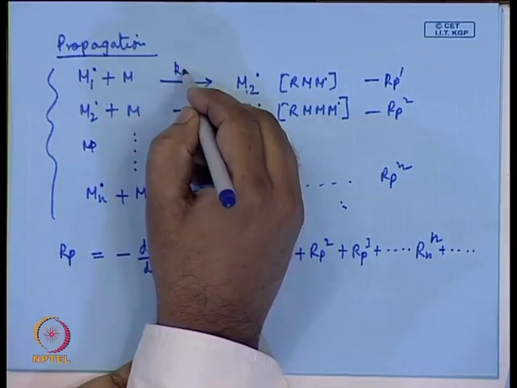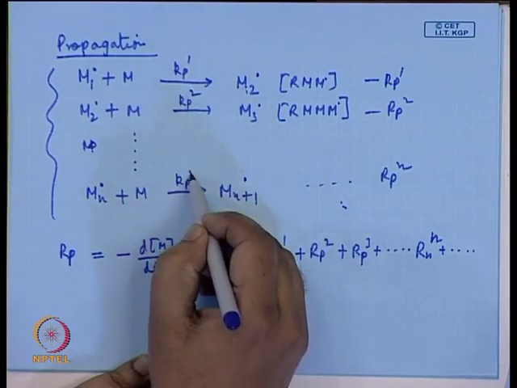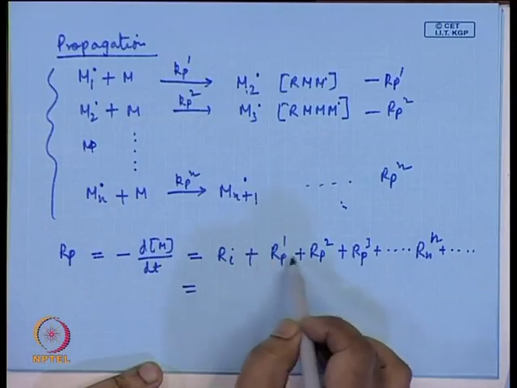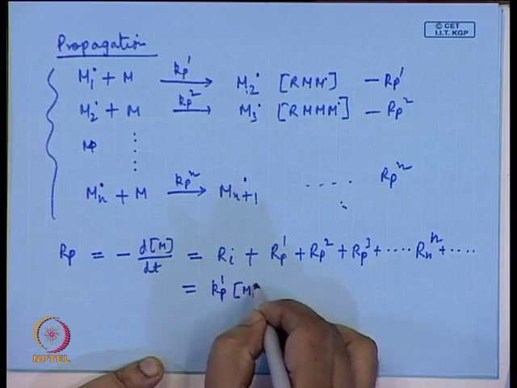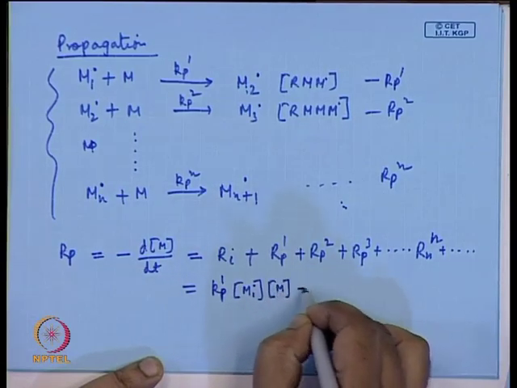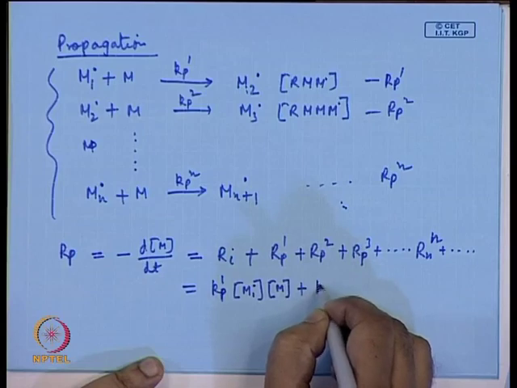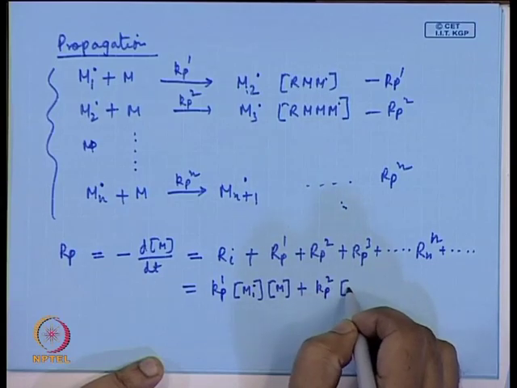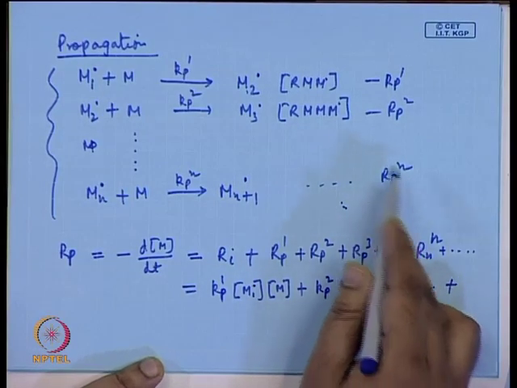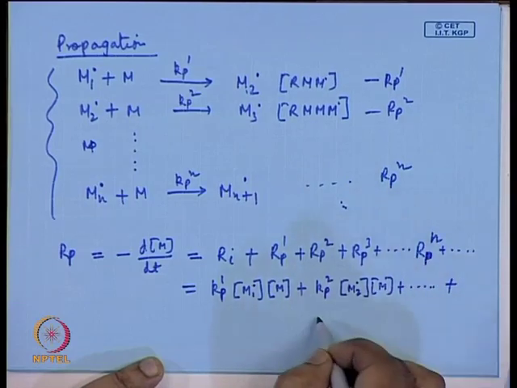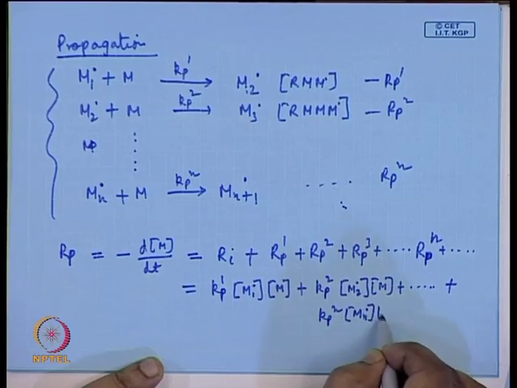Now, if I write the rate constants for these individual steps as Kp1, Kp2, Kpn, then Rp1 is given by Kp1 M1 dot M, plus Rp2 is given by Kp2 M2 dot M, and so on, and this Rpn is given by Kpn Mn dot M.